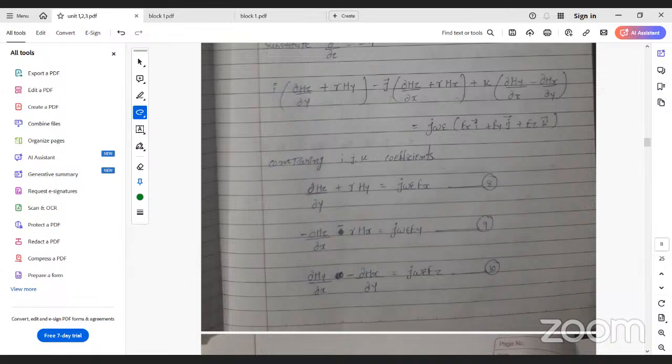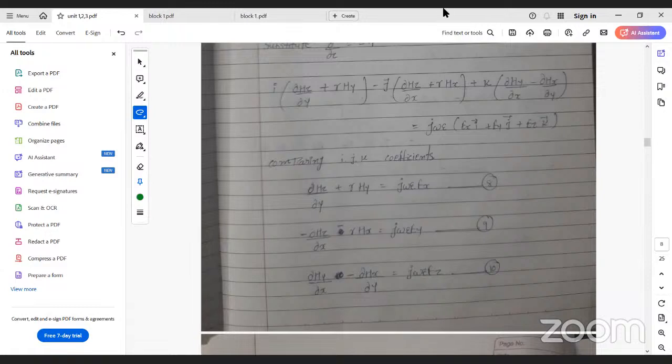Equations 3.4 and 3.5 are the field equations. Those are magnetic field equations.